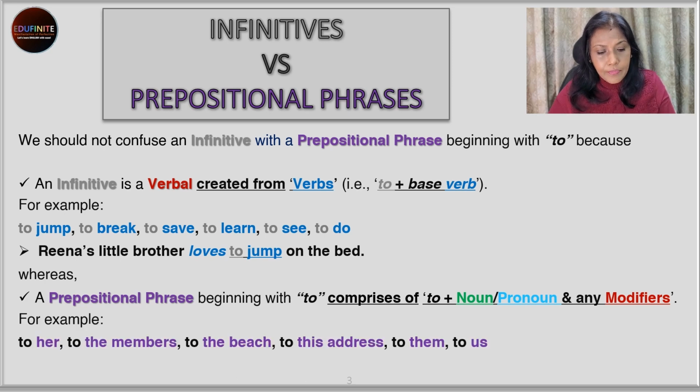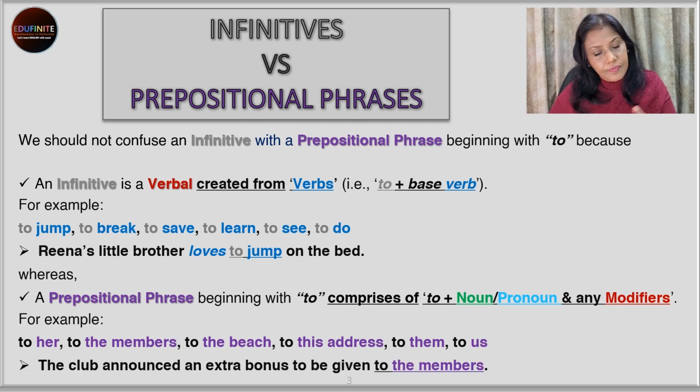For example, to her. So here again, her is an easily identifiable pronoun. So to her is a prepositional phrase. To the members, noun. So it's a prepositional phrase without any doubt. To the beach. Again, the same thing. To this address, to them, to us.